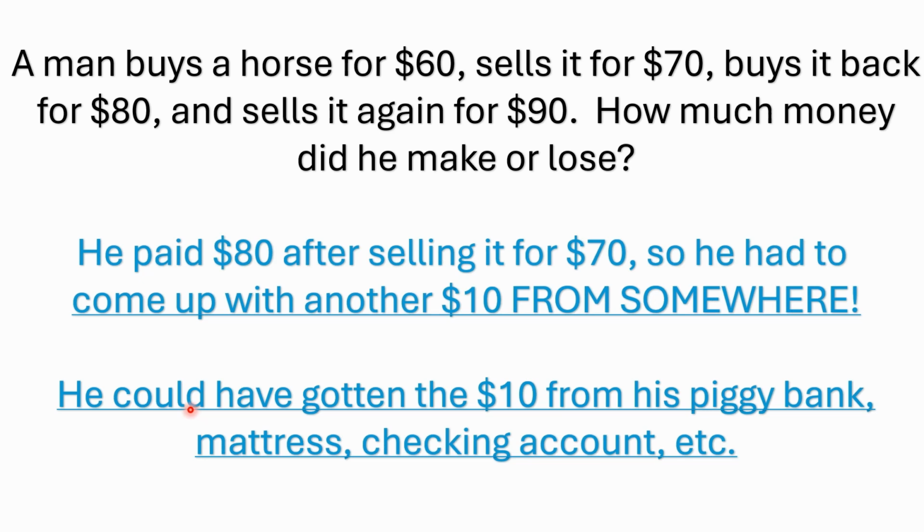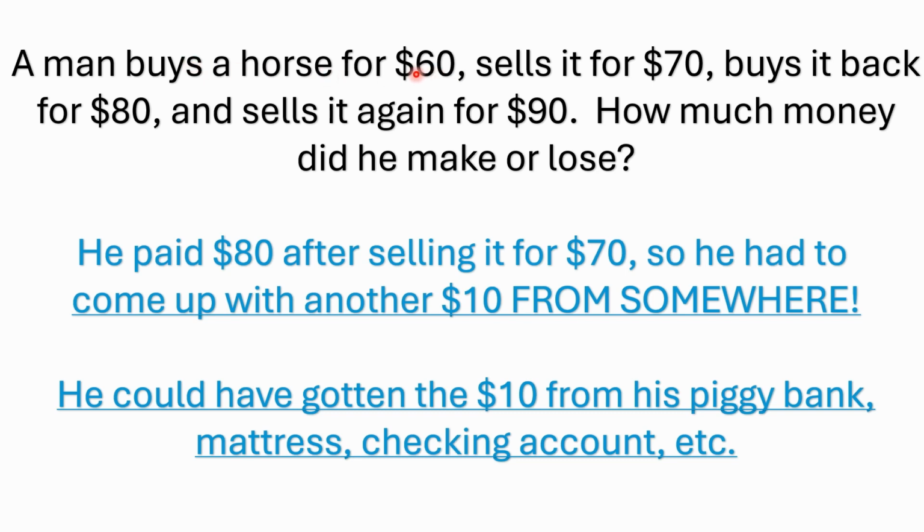Like I said, he paid $80 after selling it for $70, so he had to come up with another $10 from somewhere. And boy, does this ever cause a problem too. I cannot tell you how many people will read the same problem I'm reading. What does it say here? It says he buys a horse for $60. It doesn't say that all the money in the world he has is $60.